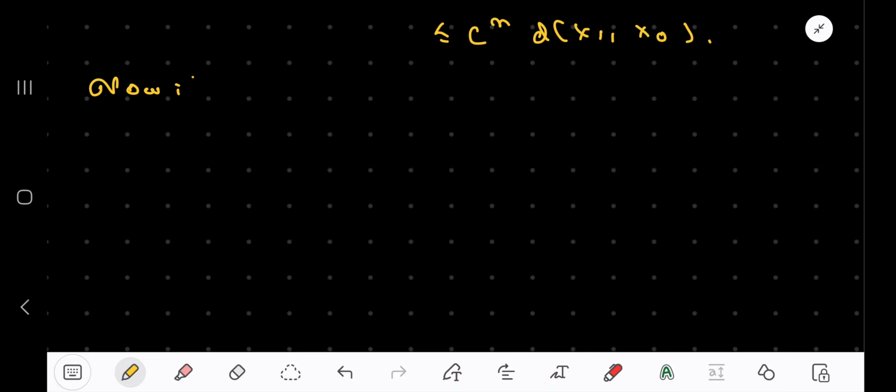Now if n is less than m, just consider d of x_n, x_m.